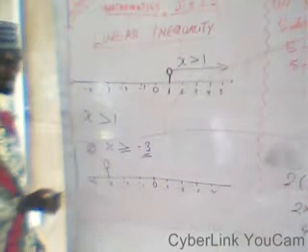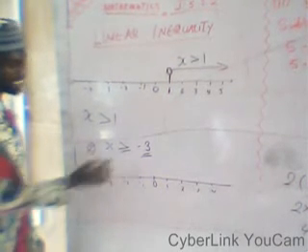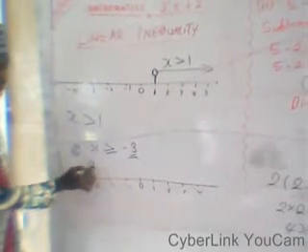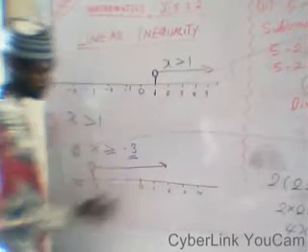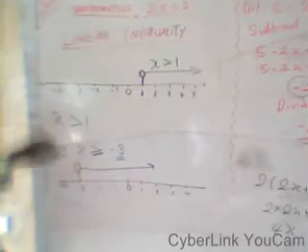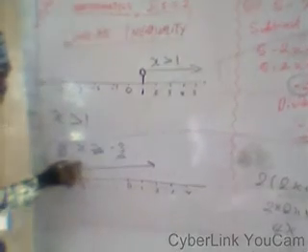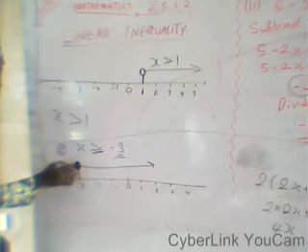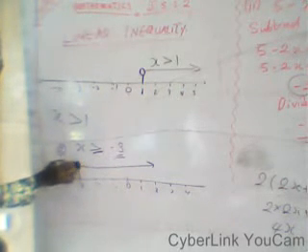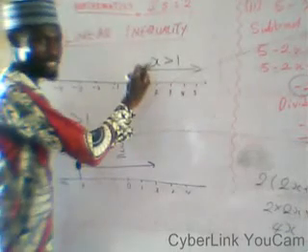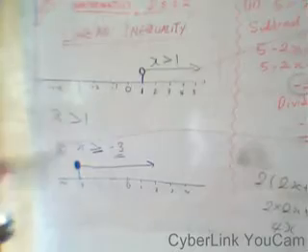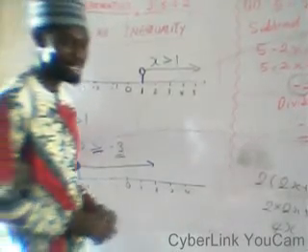You ring it, then you show me the arrow. Is it greater? Because minus 2 is greater than minus 3, the arrow goes this way. Because of this equal to, to show me the value is equal to and greater, you have to fill your circle. Filling the circle shows me you have equal to. Leaving the circle unshaded shows me it does not have equal to. That is how to represent on a number line.